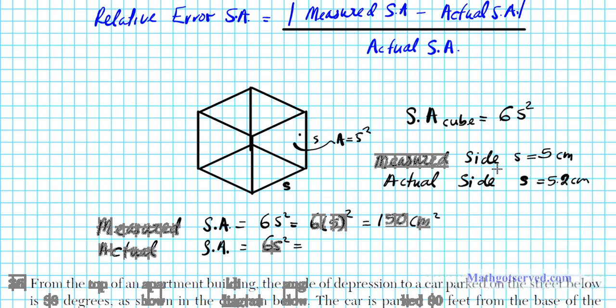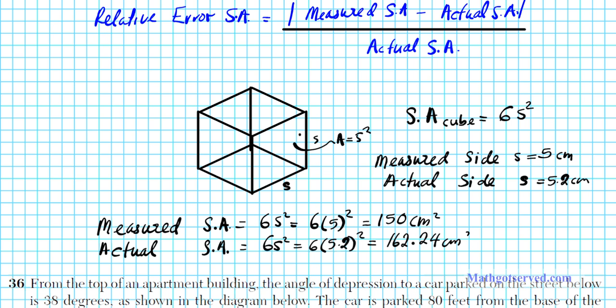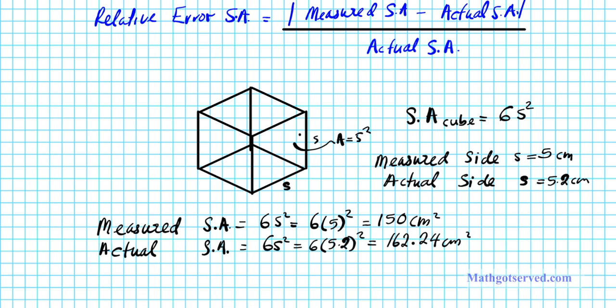So that's the actual side length. So the actual surface area of the cube, 6s squared, is going to be 6 times 5.2 squared. All right, and we enter that in our calculator, we'll get 162.24 centimeters squared.